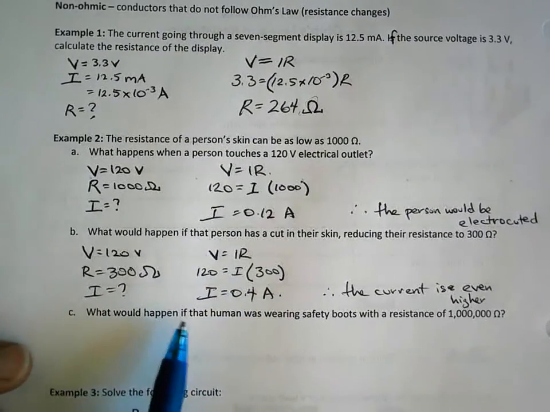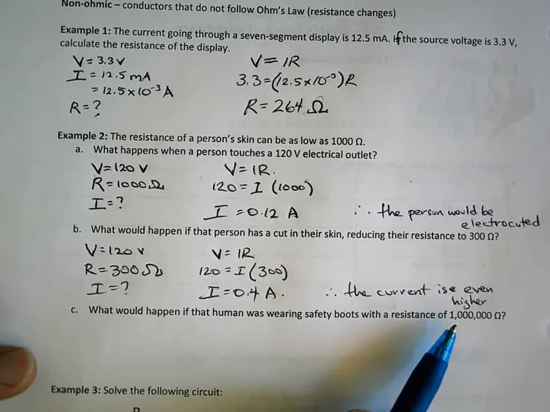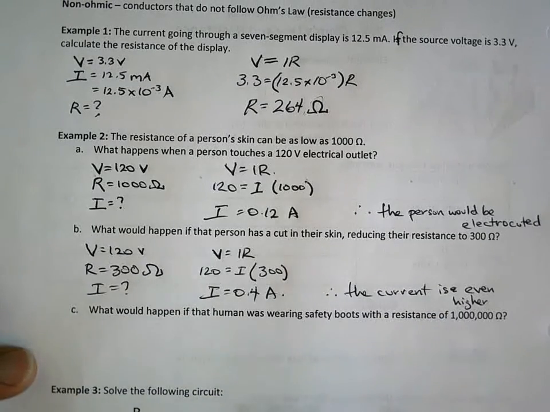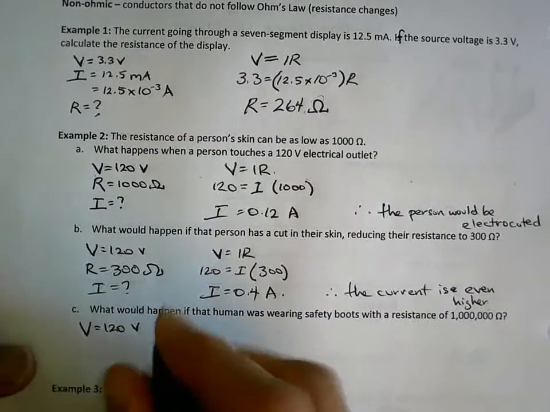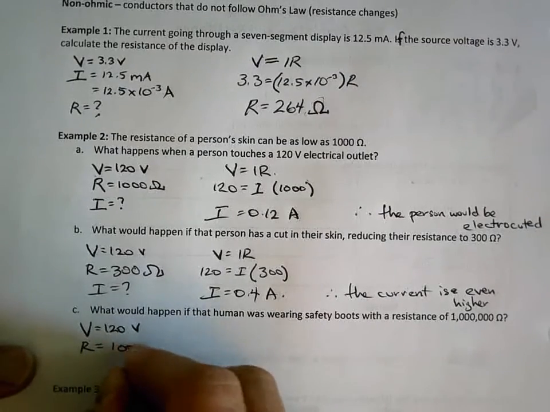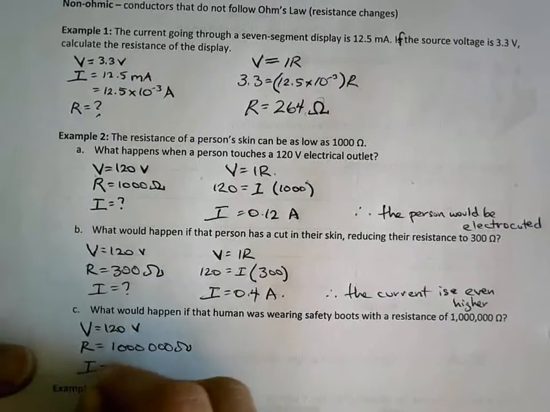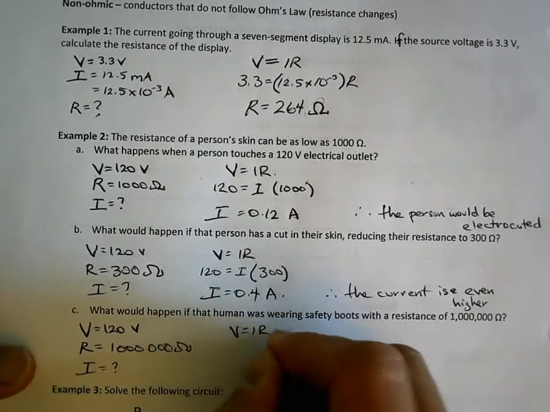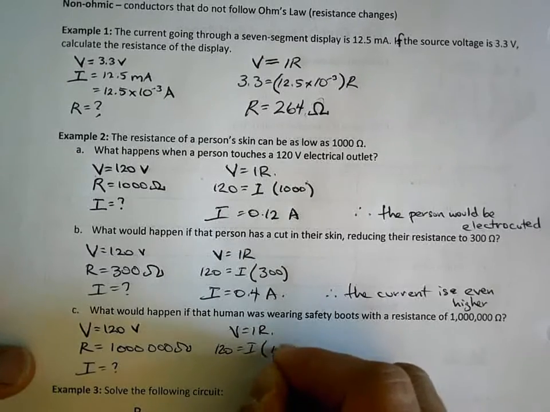Now, most people who work with electricity have to wear safety boots, and these safety boots actually increase the resistance of a person because electricity can't just travel through them. They have thick rubber soles on the bottom. So let's see what happens when you're wearing safety boots and you touch a live electrical panel. You have a resistance of about 1 million ohms. So what is the current? V equals IR. 120 is equal to I times 1 million.